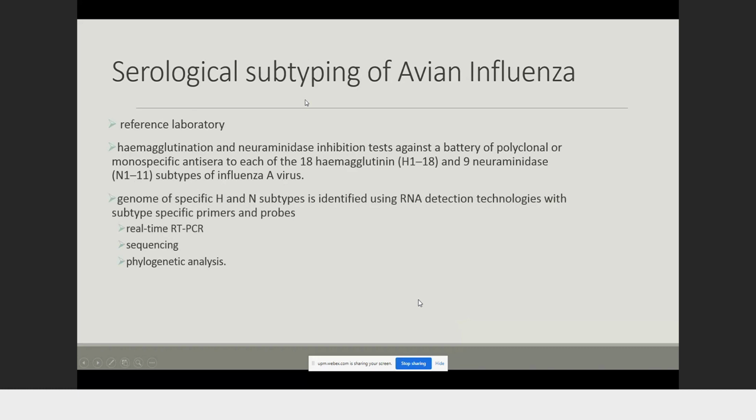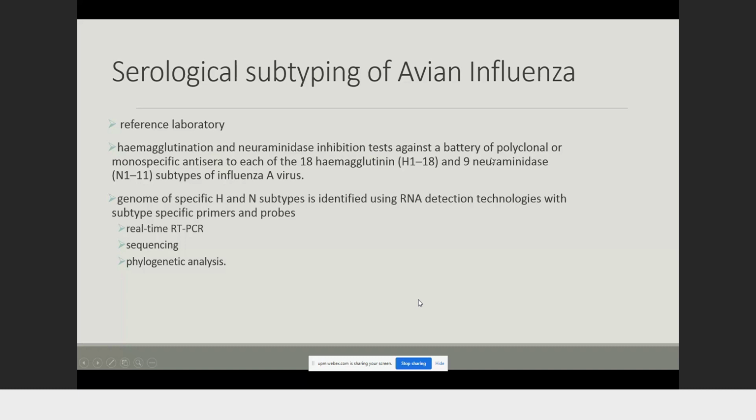Okay, how do you perform serological subtyping of avian influenza? So in each region, there are regional reference labs to perform this subtyping of avian influenza, whether H1N1 or H5N1. So you can use the hemagglutination and neuraminidase inhibition test, which is the HI test.